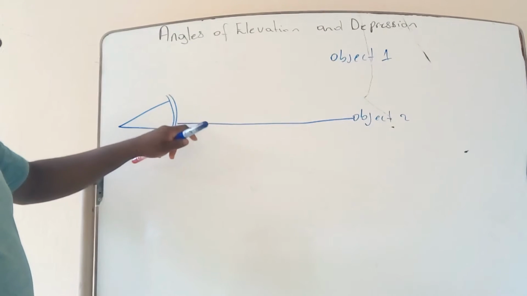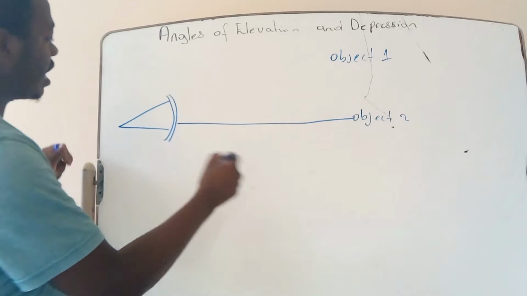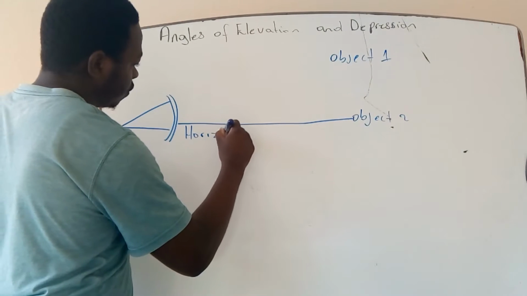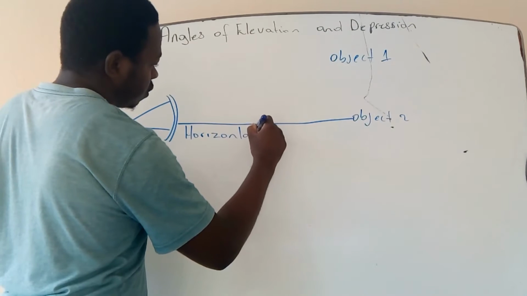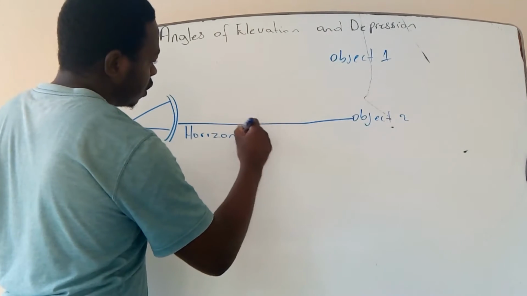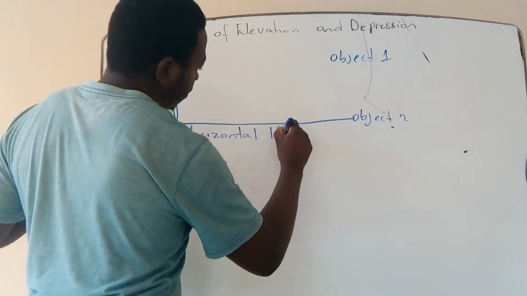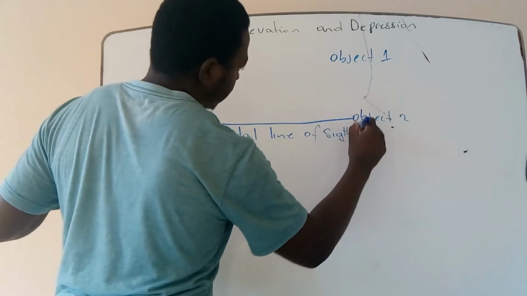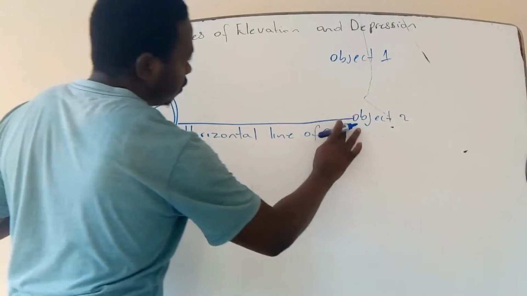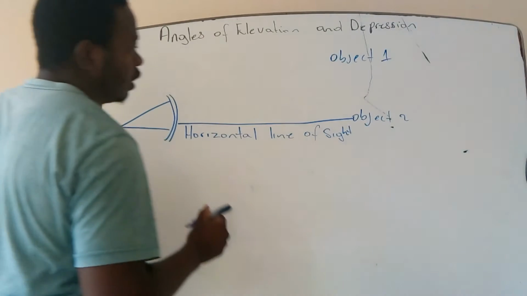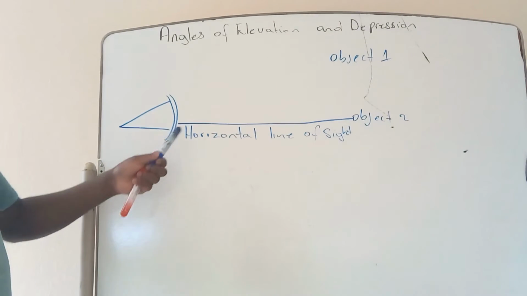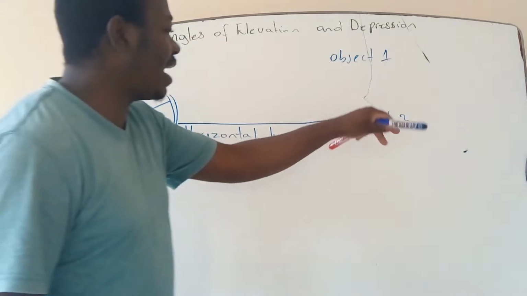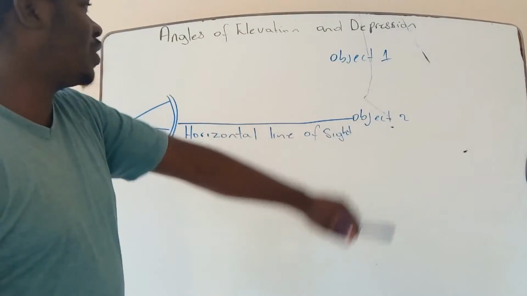There's a special name that we give to this line, and this line we call the horizontal line of sight, right? The horizontal line of sight. So we call this line the horizontal line of sight. That's when you're looking straight ahead, right, at an object.